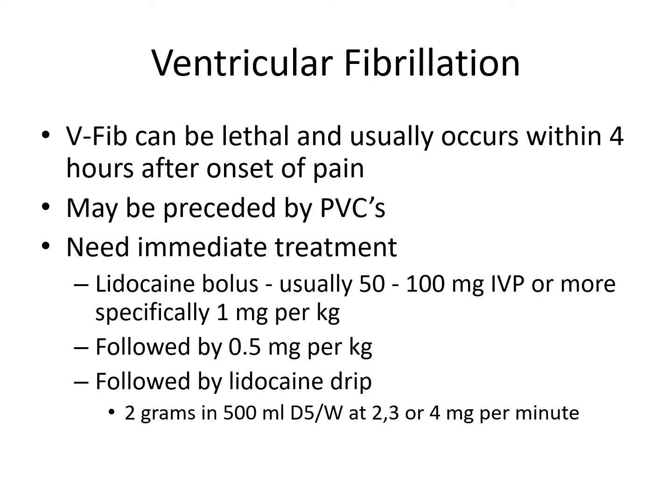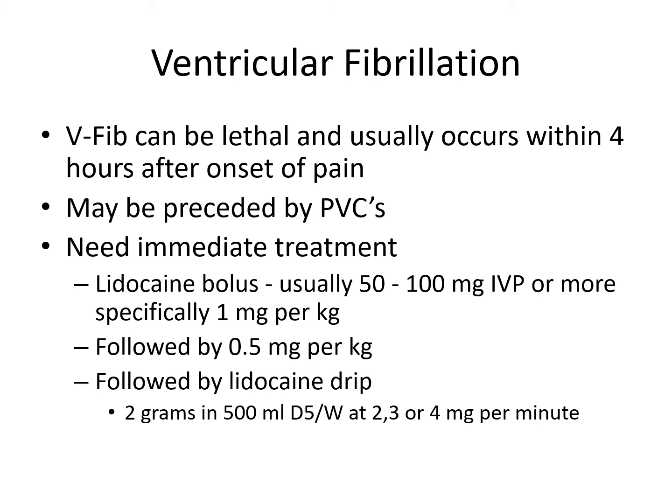So we need to treat this. We need to soothe this very irritable heart by giving them a bolus of lidocaine. It's one of those drugs that you do have to do your math calculations. But I'm not asking you, of course, to memorize these dosages, but usually the bolus would be 50 to 100 milligrams IV push, or more specifically, 1 milligram per kilogram of the patient's body weight.